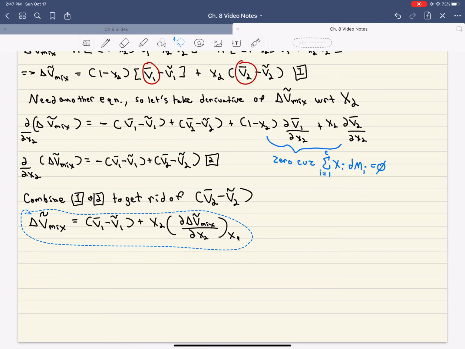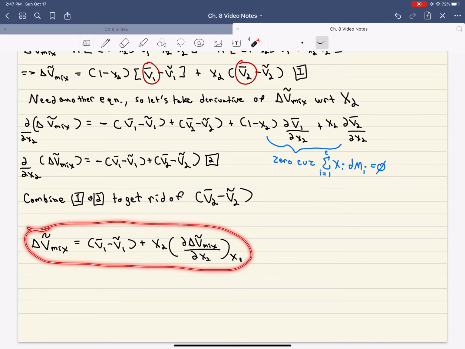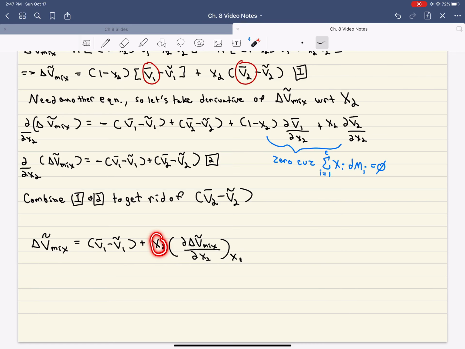It's a somewhat interesting looking equation. But why did I write it in this form? Now the reason I wrote it in this form is because, once again, we're trying to determine what V1 bar and V2 bar are from data. If our independent variable is x2 and our dependent variable is this delta V mix, which is what we measure, what we have here is a linear equation, right?